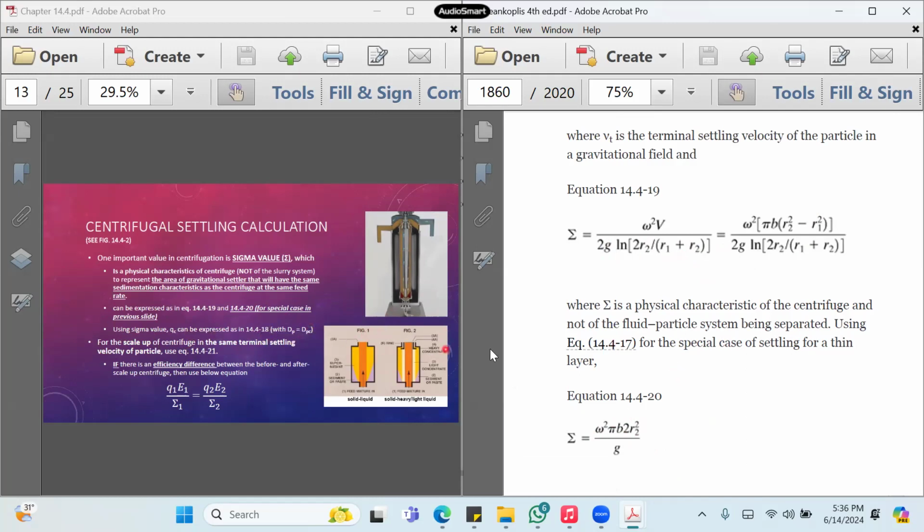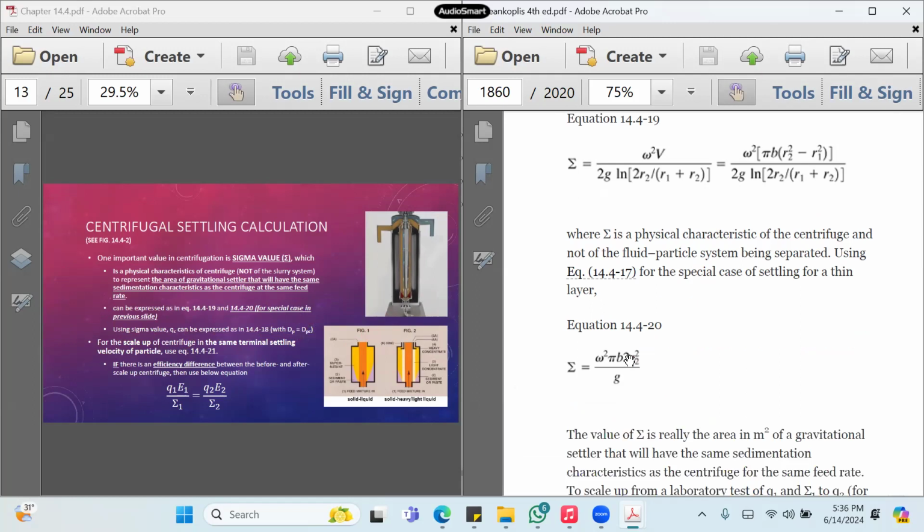Now the question is, how do we scale up the centrifuge? The next question is about the scale up. We want to scale up the centrifuge from the laboratory scale to the industrial scale.